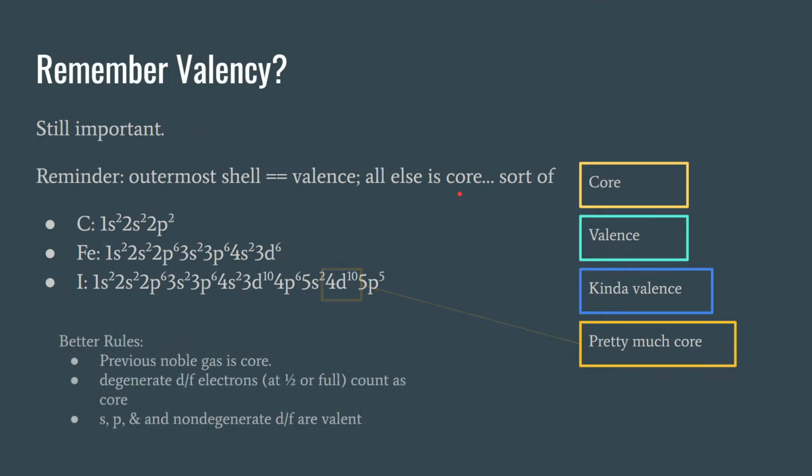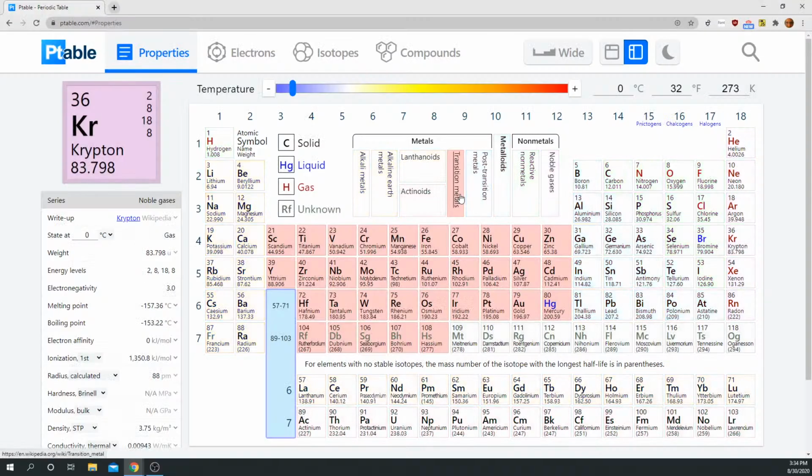All right, so a better set of rules for valency and core when it comes to understanding chemical properties, chemical behaviors. The electron configuration of the previous noble gas is definitely, absolutely core.